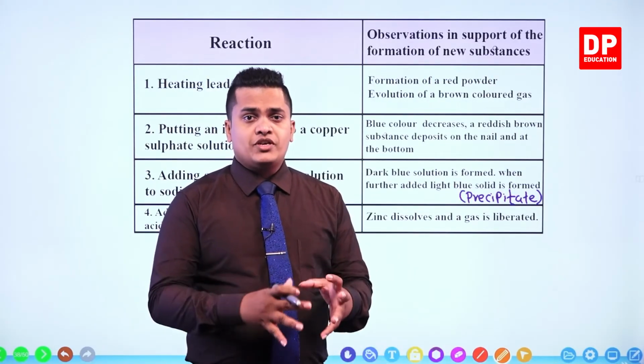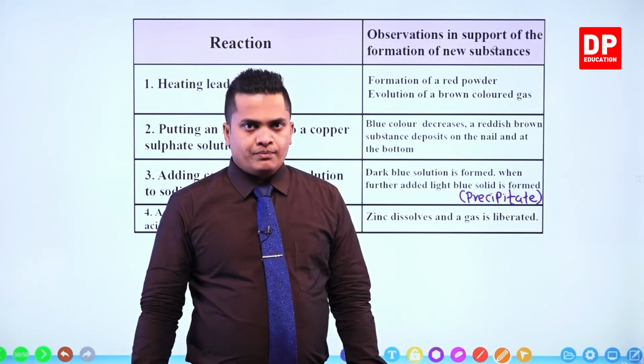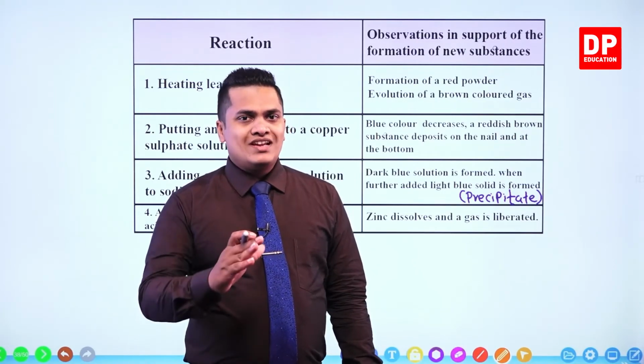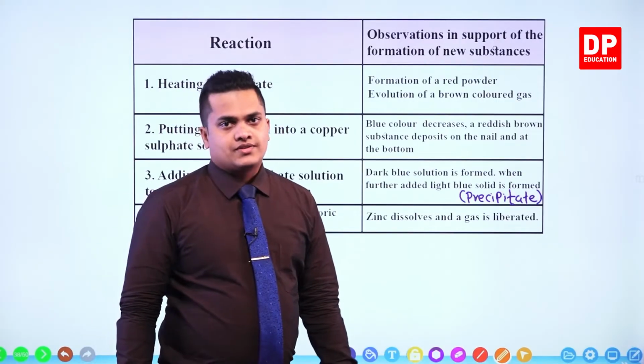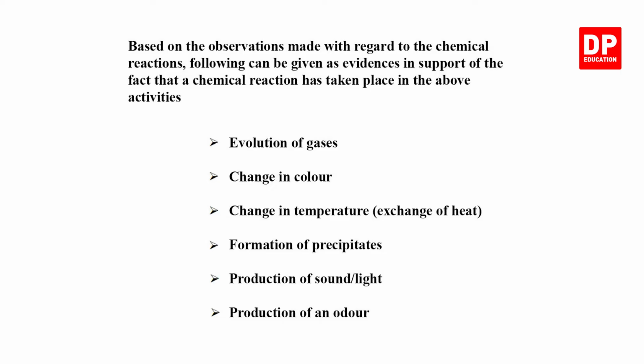So upon formation of new substances, some kind of different observation should be there. So now let's see what those observations are. Based on the observations made with regard to the chemical reactions, the following can be given as evidence in support of the fact that a chemical reaction has taken place in the above activities.